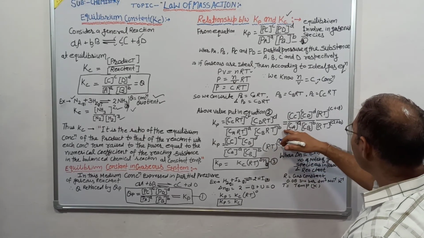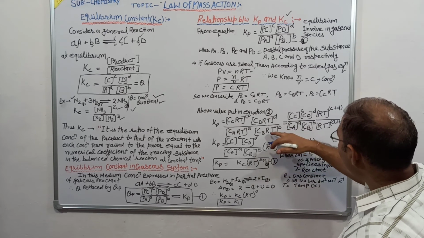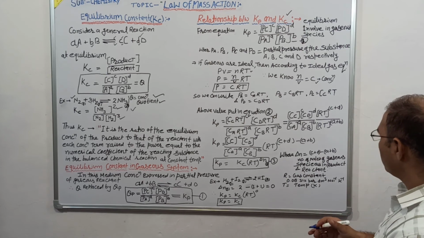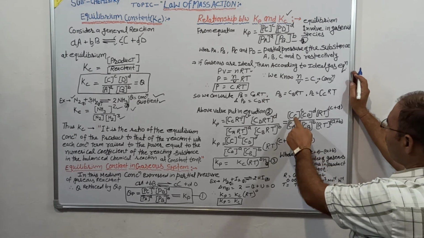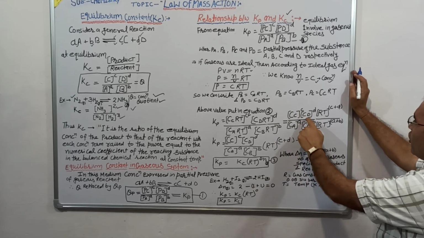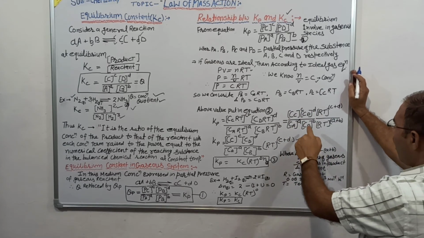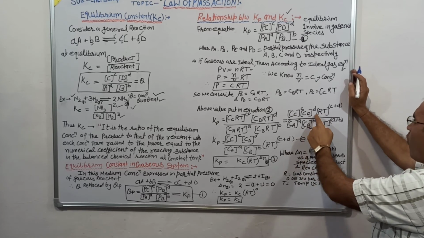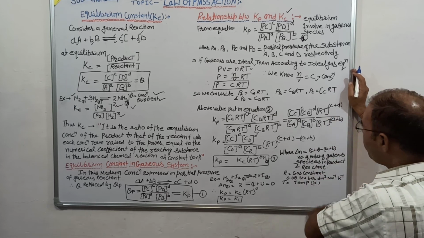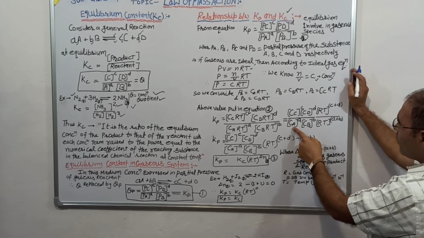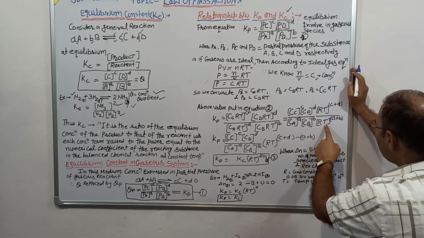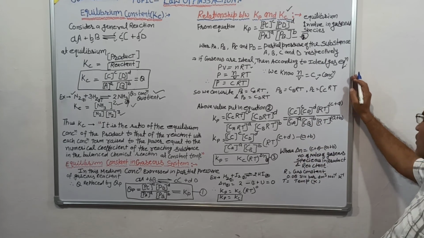Here RT is common, so we get Cc to the power c, Cd to the power d, and RT to the power c plus d, these being the numerical coefficients, upon Ca to the power a, Cb to the power b, and RT to the power a plus b.